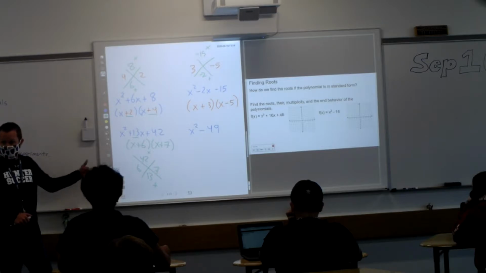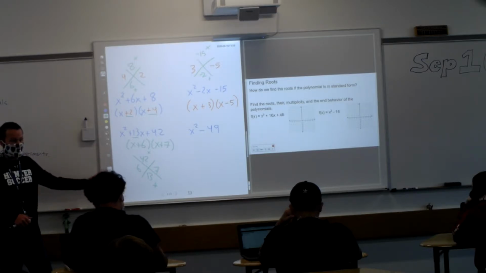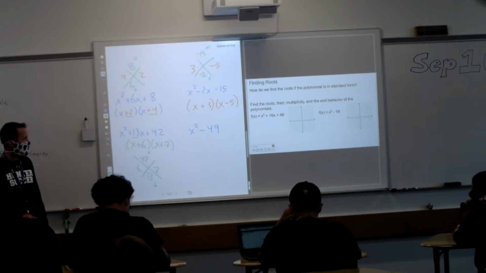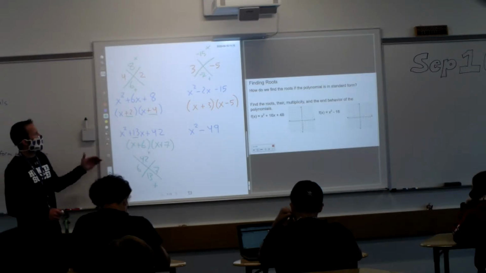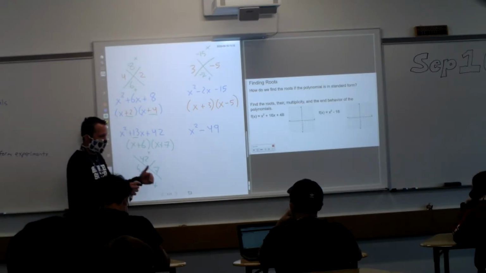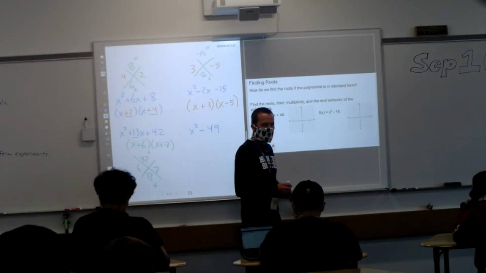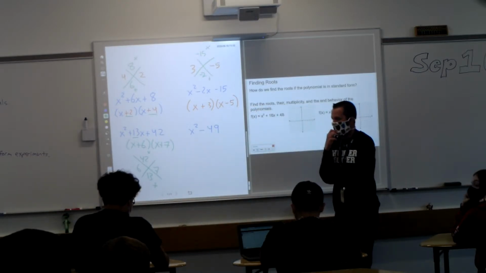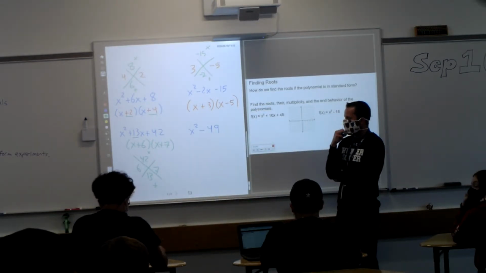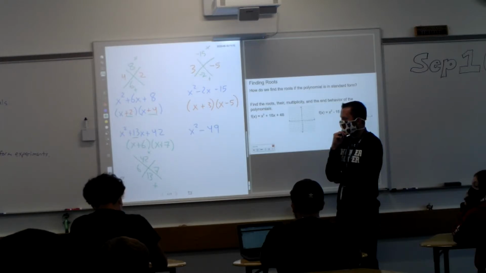Is this making sense? Or are you just stuck? Okay, let's do one more example. I hope this is helping. But we'll do some more examples if you need it. Yes? Are there any other ways you can do it, like to show the process?